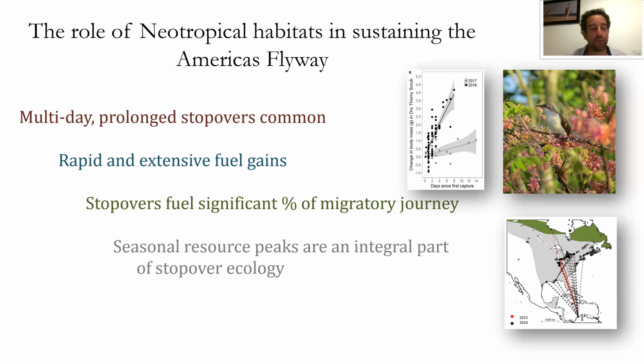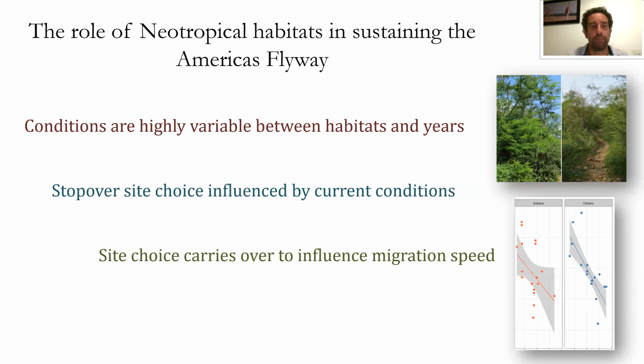And this translates into what I think are strategies which are much more orientated around the use of just 2, 3, maybe 4 maximum stopover sites that are actually used for fuel gain during migration, and a bunch of other sites that are used for rest and roost stops. But really the energy is gained at just a set of key sites, and that's powering much of the migratory journey. And that there are these seasonal resource peaks in the tropics that seem to be an integral part of stopover ecology, which is a really interesting added piece to the way we think about how migrants are tracking resources over space and time.